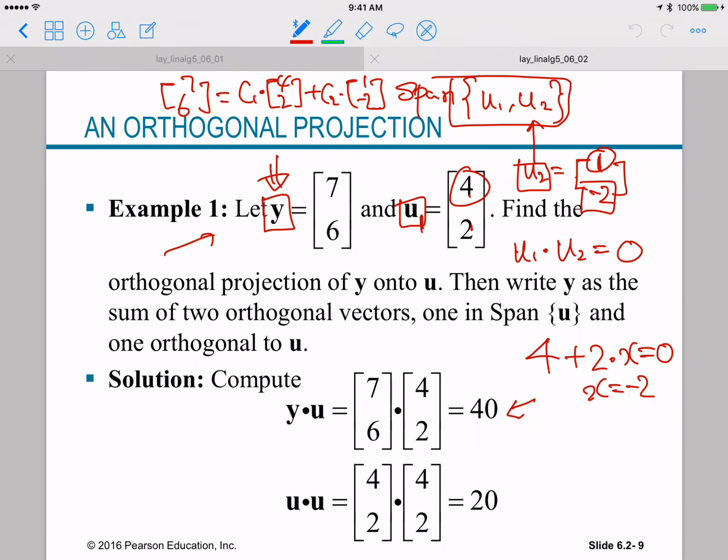One really interesting characteristic is that in order to obtain C1, was U2 involved? So the question is, do other vectors affect C1? Not at all, right? In order to obtain C1, you will only use U1, and of course this y vector as well.